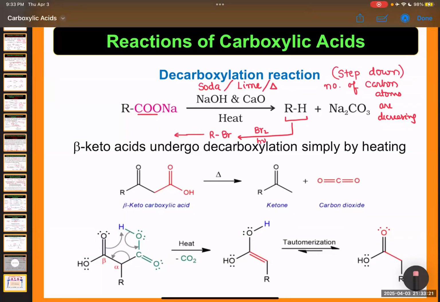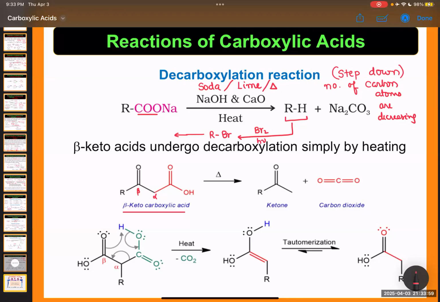But there are some carboxylic acids which can undergo decarboxylation without soda lime, and these are beta keto acids. In beta keto acids, this is the alpha carbon, this is the beta carbon. There is a C double bond O on the next to next carbon atom with respect to COOH.